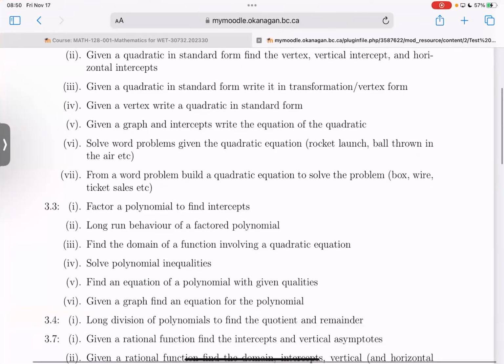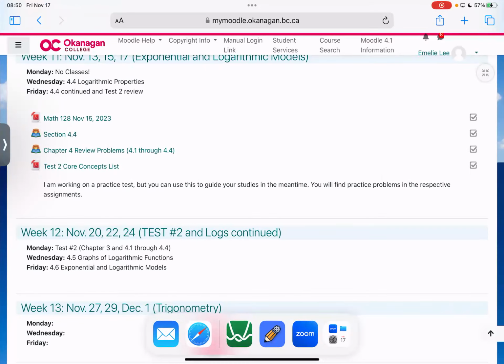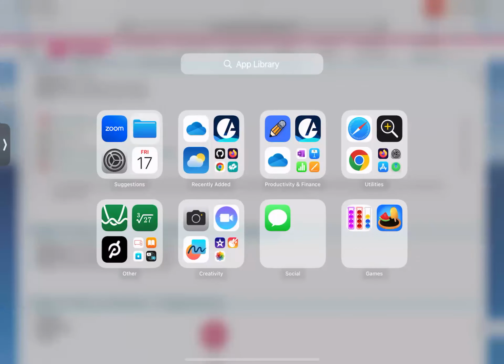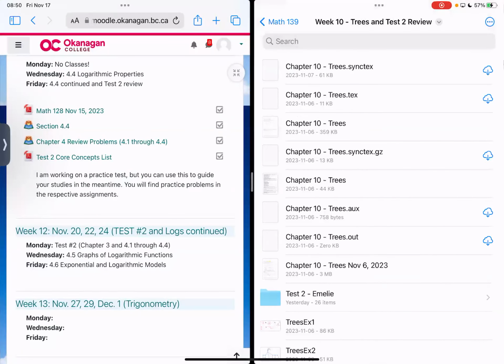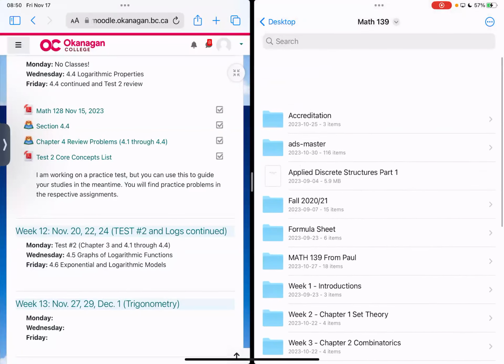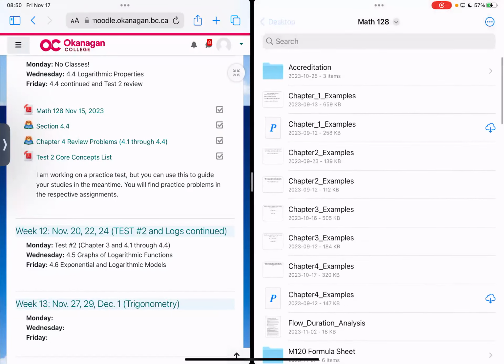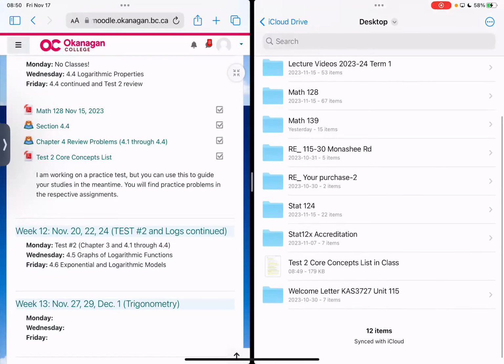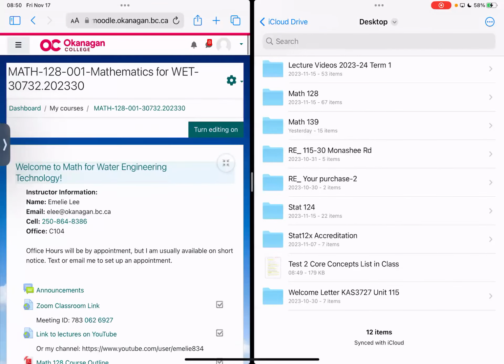Let's see if I can. Math 139, no. Desktop, okay, let's see if I can drag and drop from here.